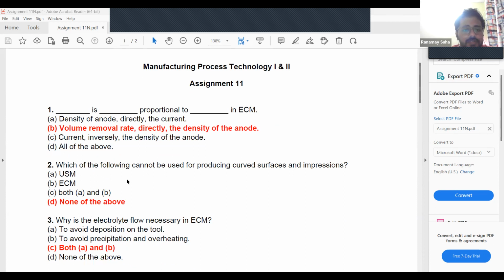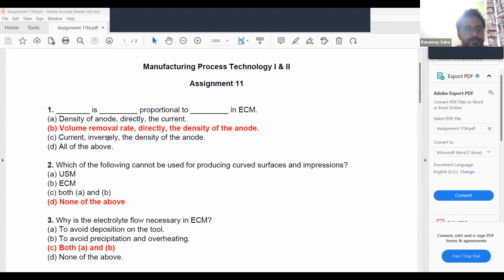So the first question was regarding the volumetric metal removal rate in ECM process, and obviously this will correspond to your anode, because the workpiece material is made the anode, and the cathode is actually your tool in case of ECM process, right? So every option was related to anode only.